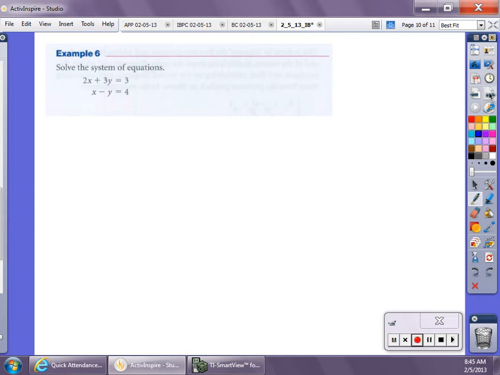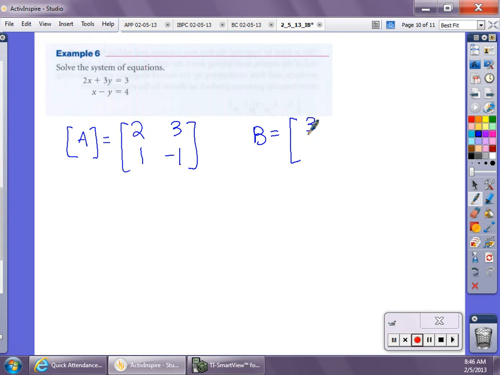So the key is, if it's a 2x2, you can also do a 3x3. If it's a 2x2, you want to label your matrices first. So matrix A is your coefficient matrix. It's the coefficients of all your terms. Notice that it is in standard form, meaning AX plus BY. So that's your A matrix. Your B matrix is the 3, 4. Okay?